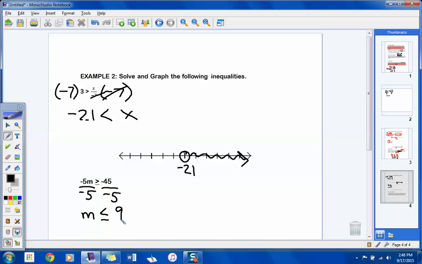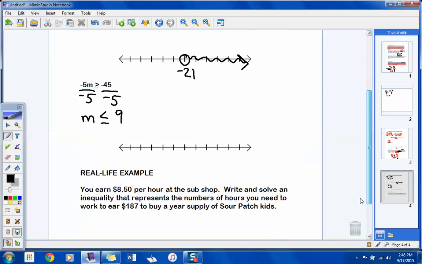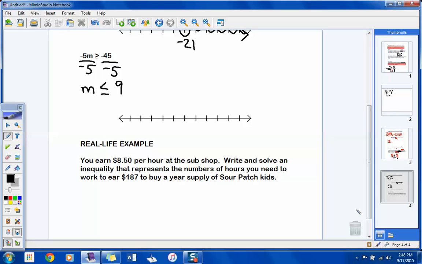Negative divided by a negative is a positive. Right? What do you guys think? So far, so good? If I was graphing this, what value would you reference? Open or closed? Going left or right?